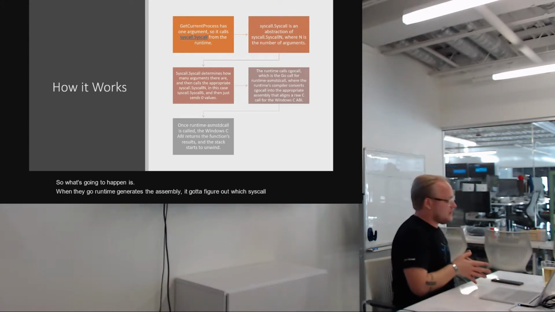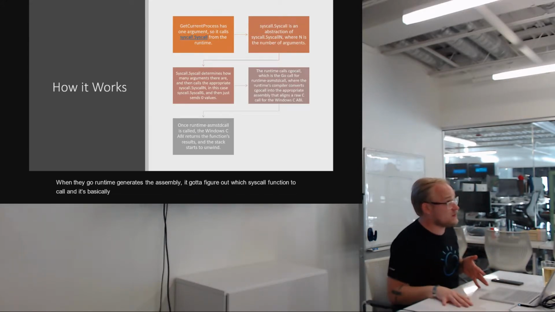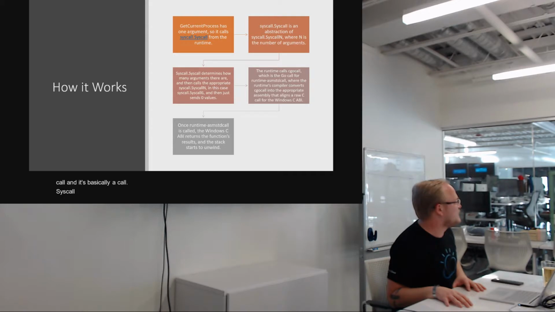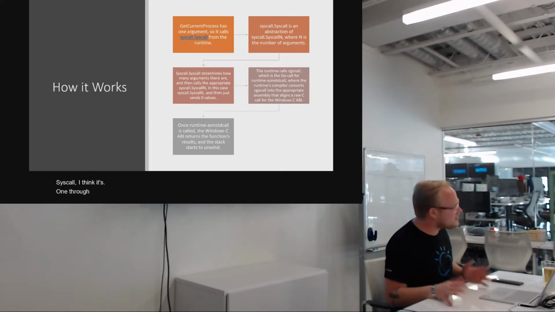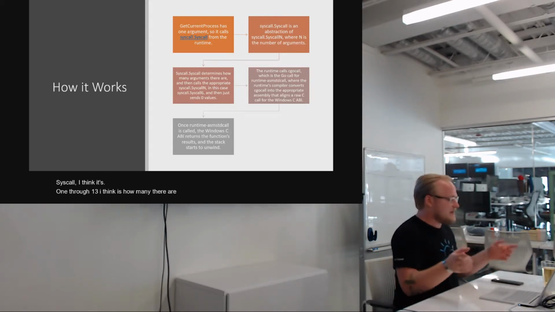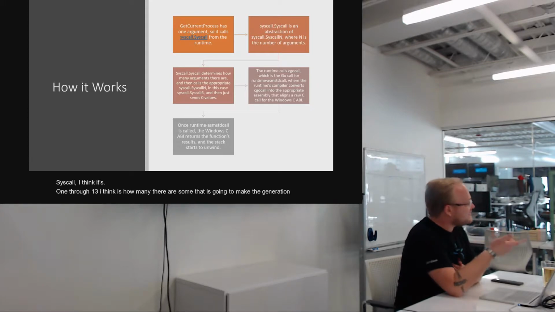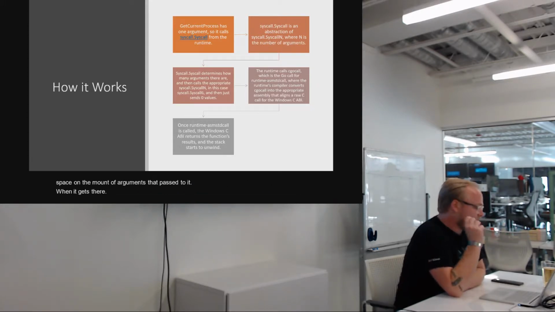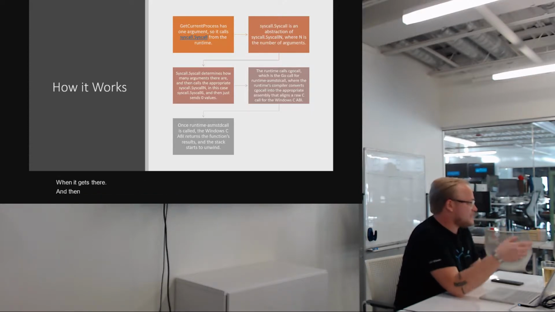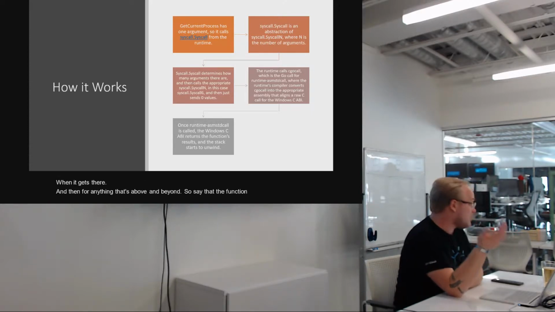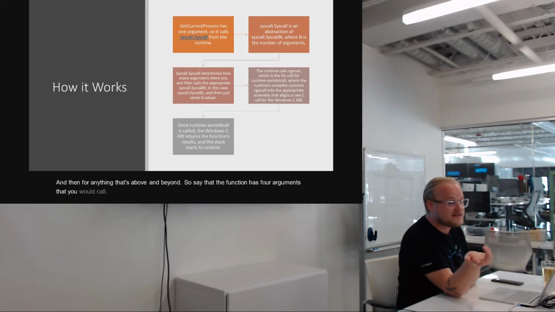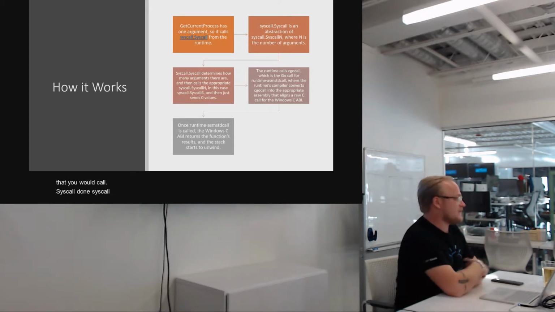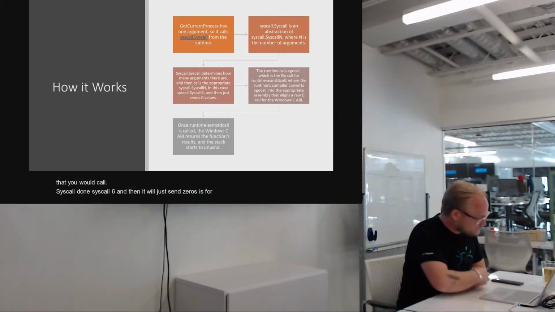I think there are something like 1 through 13 of them. It makes the determination based on the number of arguments passed to it. For anything above and beyond, say the function has four arguments, you would call syscall.Syscall6, and it will just send zeros for the last 2 arguments, as we saw earlier.